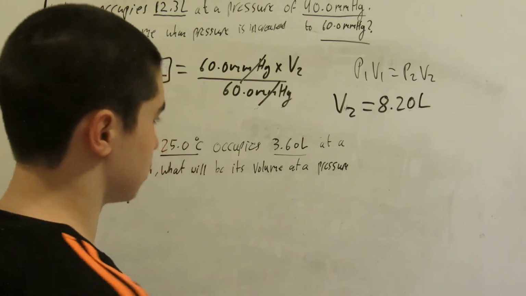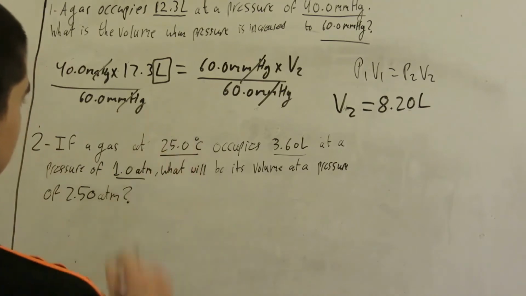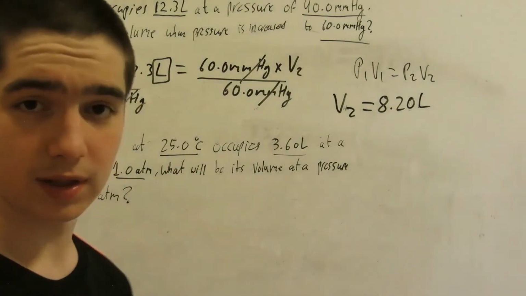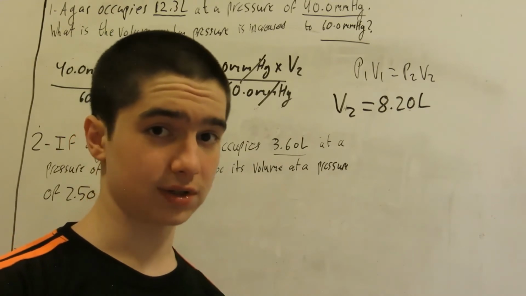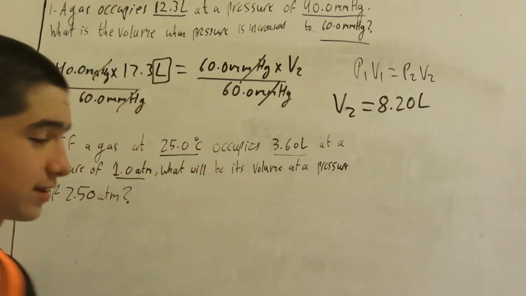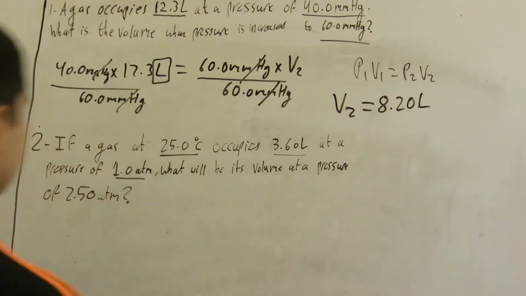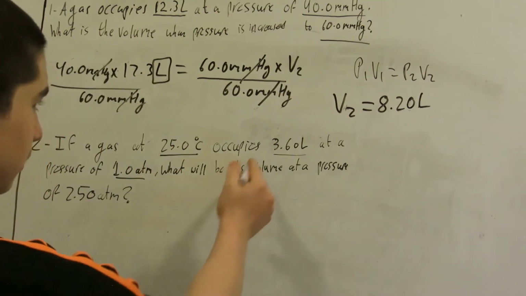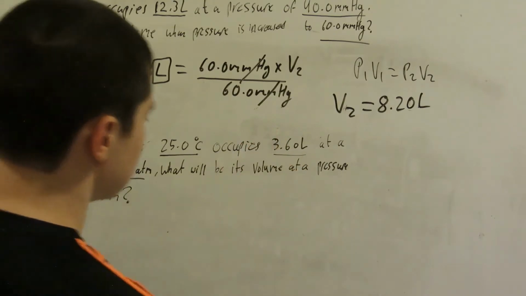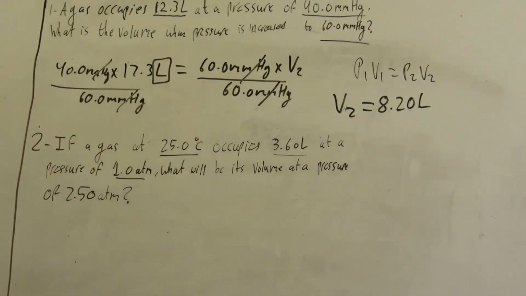You're right, there is no temperature, so the unit of the temperature is just a trick used by the question to make you use it without noticing. Great that you guys didn't fall for it. So we ignore 25 Celsius and we go for 3.60 liters. That is the volume, the first volume that we started with, 3.60 liters.